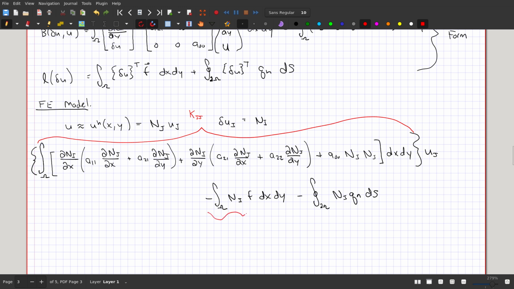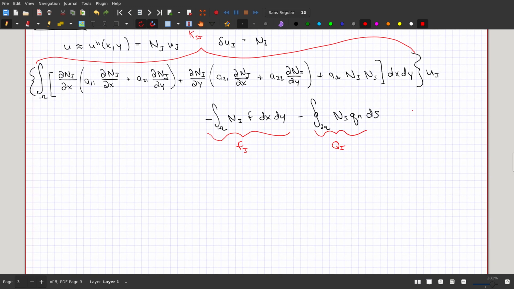Okay, and then we'll call this F_I. We'll call this Q_I. And so then our final element equations that we're solving will be K_IJ u_J equals F_I plus Q_I.